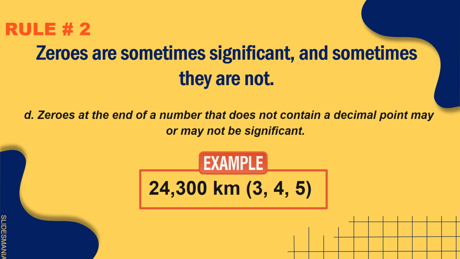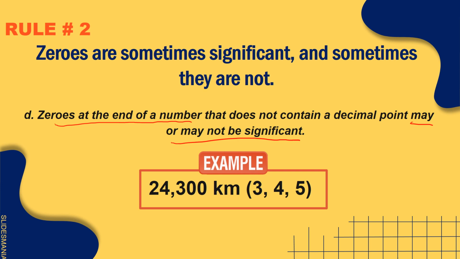Last but not the least, for rule number 2, zeros at the end of a number that does not contain a decimal point may or may not be significant. For example, we have 24,300.